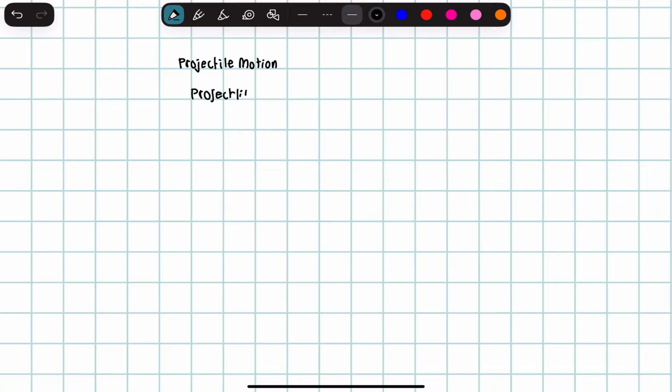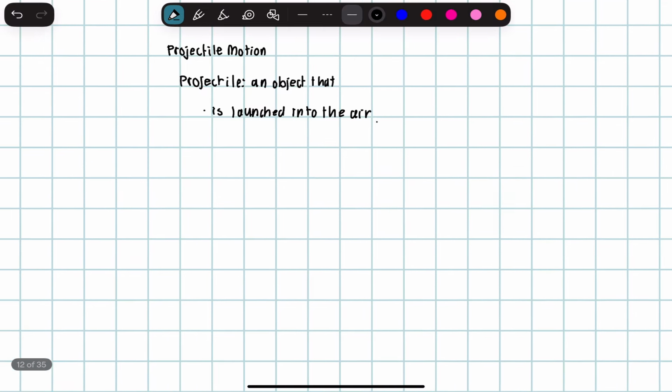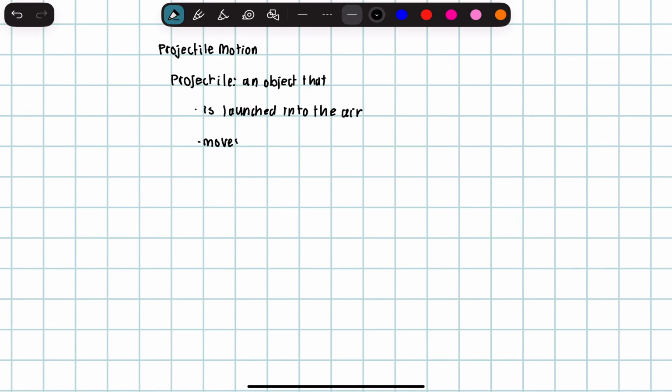And a projectile is an object that is launched into the air, moves freely after launch, and is acted on only by gravity.